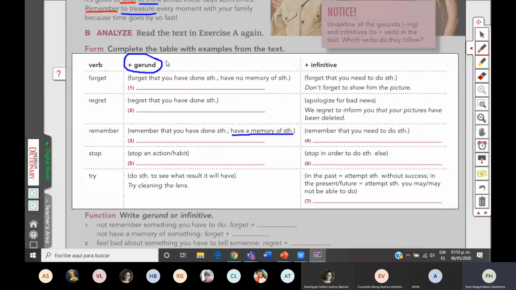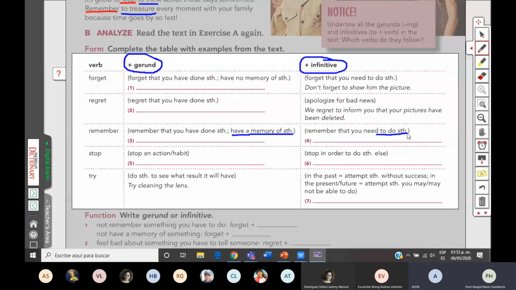But if I want to use remember with infinitive, it means that I need to remember to do something that I have to do. So it's something like, oh, I have to remember to wash my clothes.